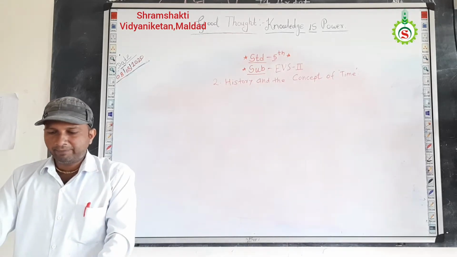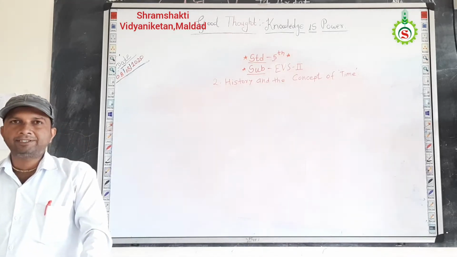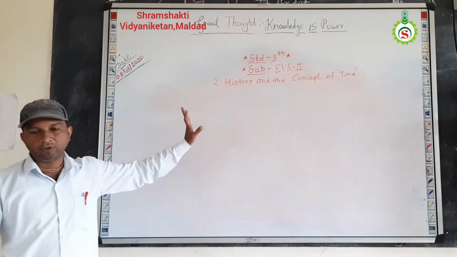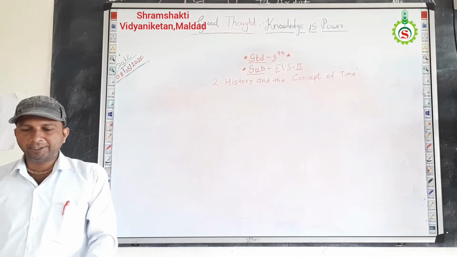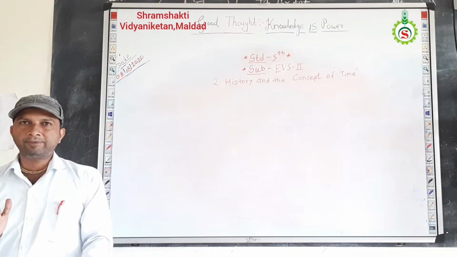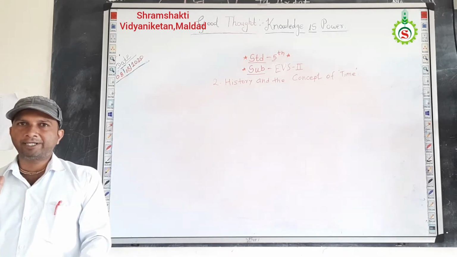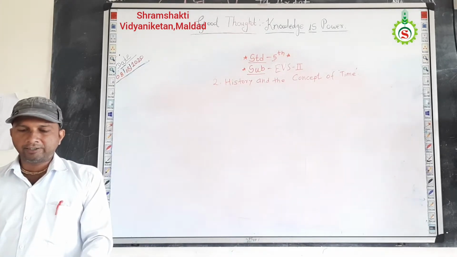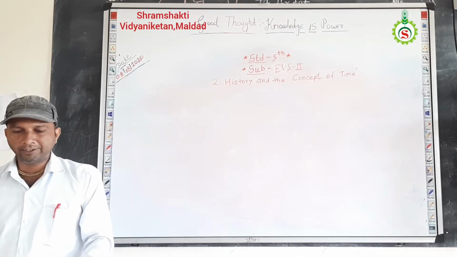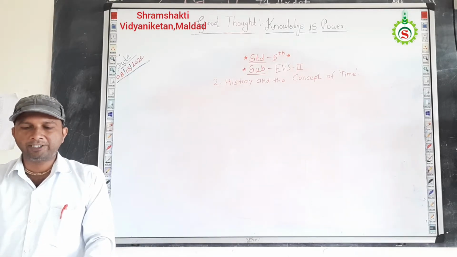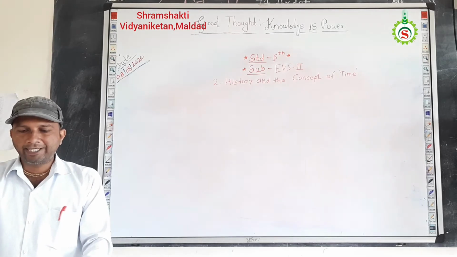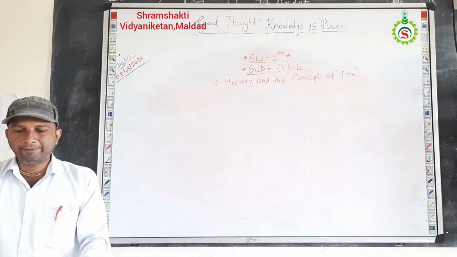There are different methods of recording time, means there are different methods of measuring time. In this chapter we are going to learn 4 points. First point is division of time and the timeline, means how the time from the ancient period up to the present period is divided. Second point is measurement of time and the methods of measuring time.